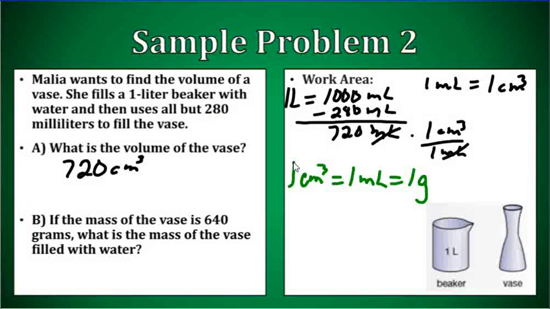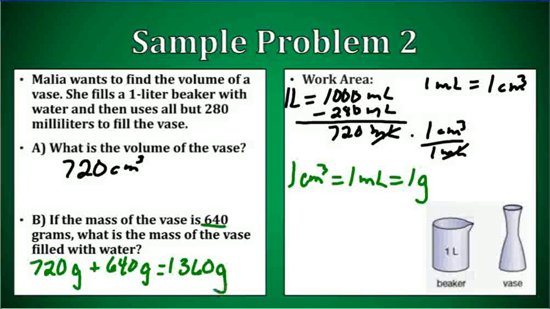So if we were trying to figure this out in grams, we would take our answer for the volume of the vase, which is 720 grams, because everything is 1 to 1 to 1. We would have to add the mass of the vase, which is 640 grams. If you add those two together, we would have 1,360 grams. That would be the mass of the vase filled with water.